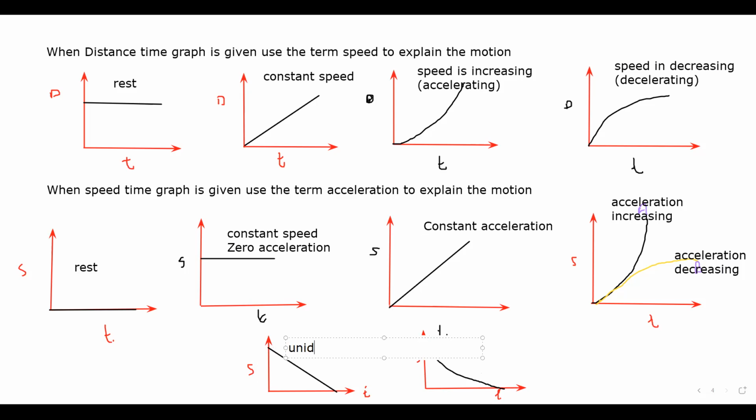So here it is a uniform or constant deceleration, and this part is non-uniform deceleration. Is it clear? These graphs, the distance time graph and the speed time graph, explain the motion.